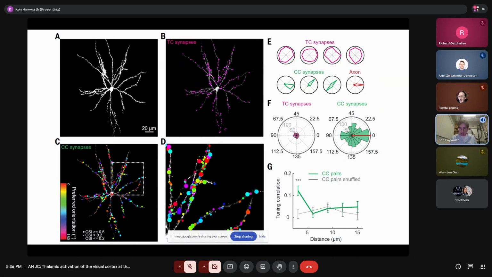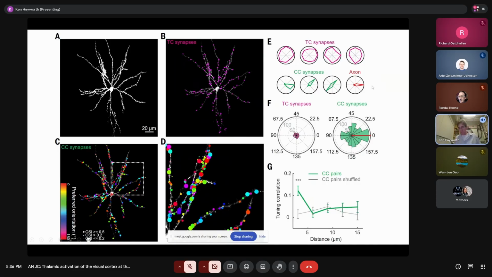Couple things that I want you to get out of this. If we look at the histogram of the corticocortical synapses, and look at their individual orientation selectivities, they show that the majority, the mean of those, is in the 0-degree direction, which is exactly what the cell is also showing.